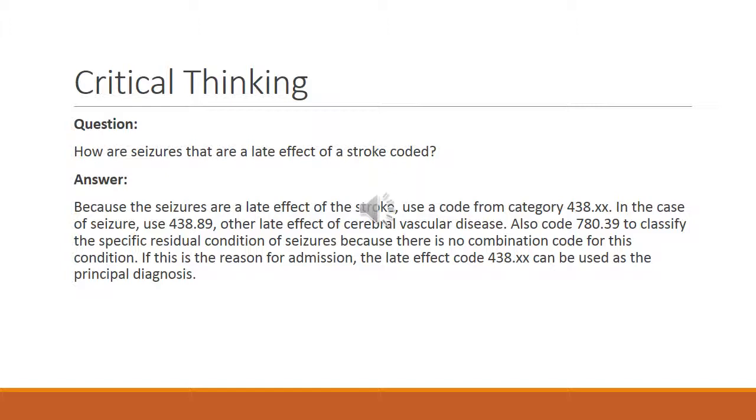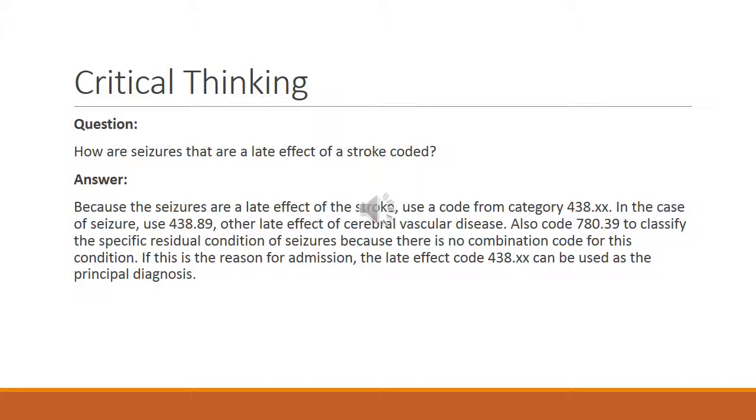And our final question, how are seizures that are a late effect of a stroke coded? And our answer, because the seizures are a late effect of the stroke, use the code from category 438.XX. In the case of seizure, use 438.89, other late effect of cerebral vascular disease.